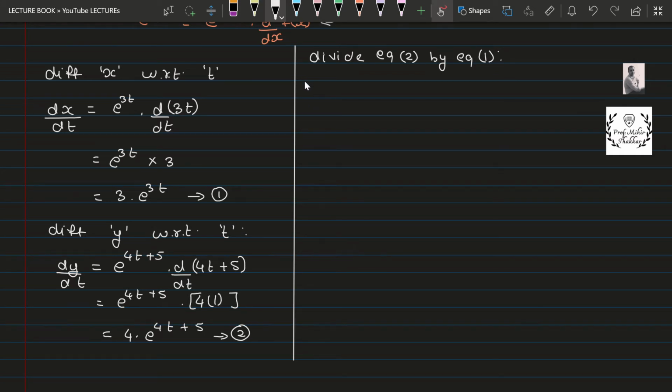So you will get dy by dt upon dx by dt. What is dy by dt? 4 into e to the power 4t plus 5 upon 3 into e to the power 3t.